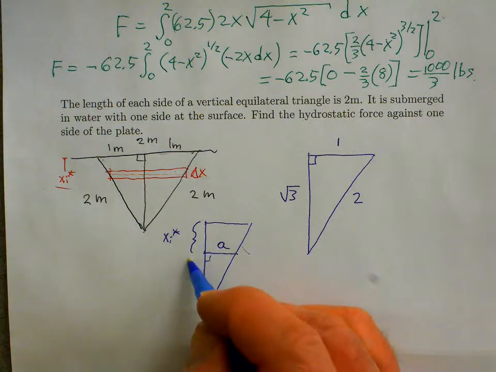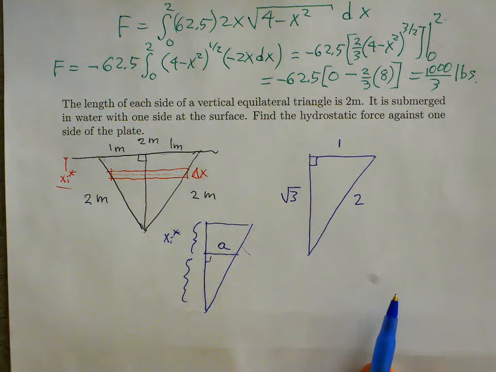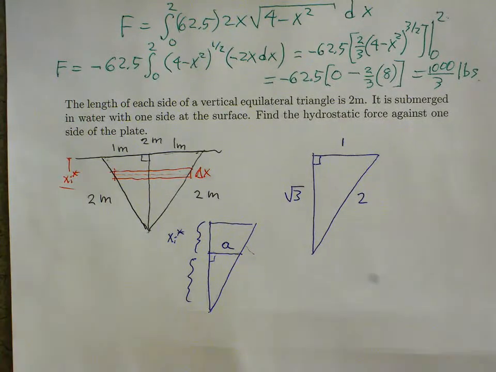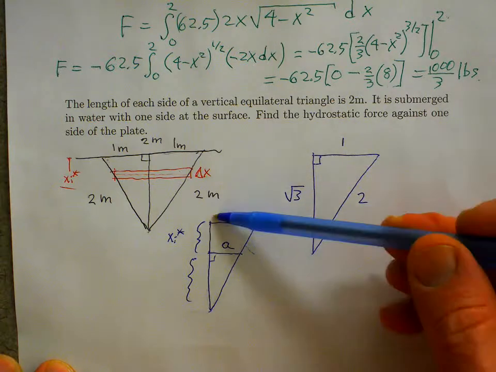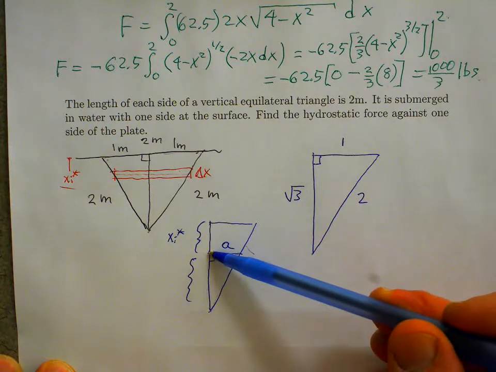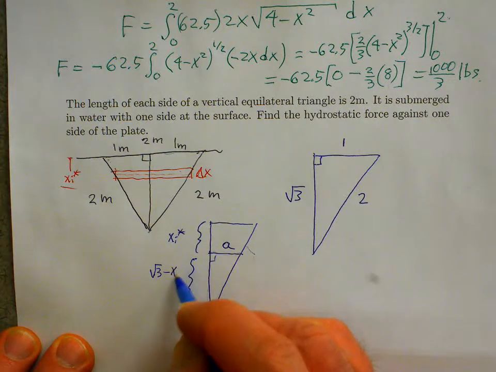So what's the length of this part? If the total length is the square root of 3, and if I take away x sub i star, then this is the square root of 3 minus x sub i star.